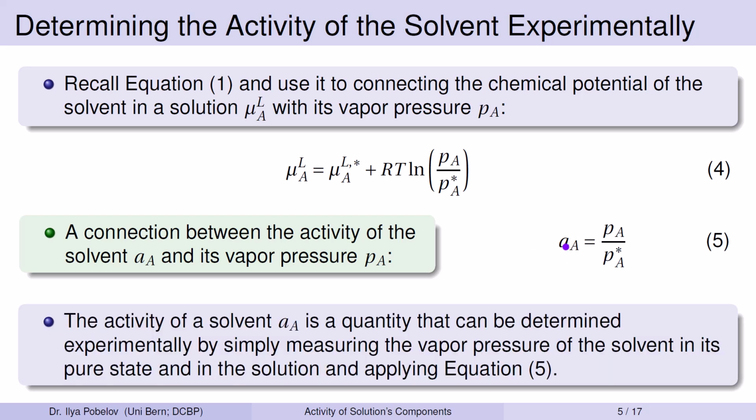This equation exposes the nature of activity of a solvent as a quantity that can be determined experimentally by simply measuring the vapor pressure of the solvent in its pure state and in the solution and applying this equation.